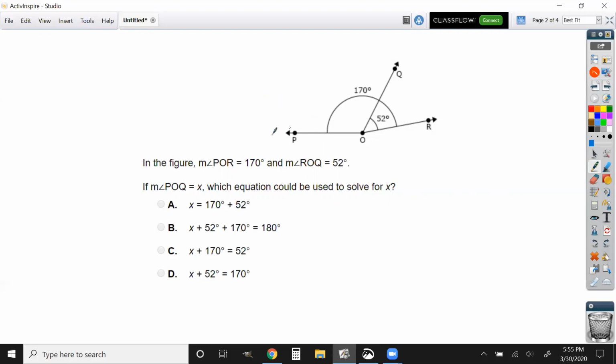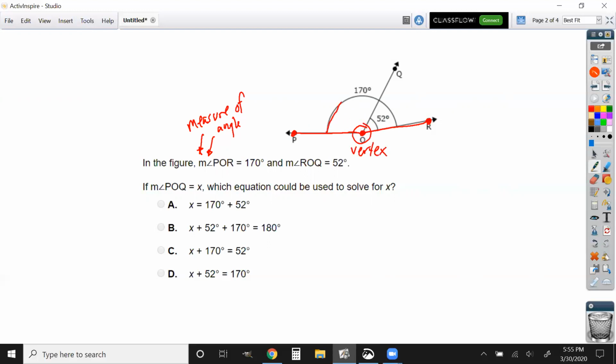So in this problem, in this figure, the measure, by the way, this little M stands for measure of, and then this is the word angle, and then P to O to R. So if we go from P through O to R, that makes O the vertex.